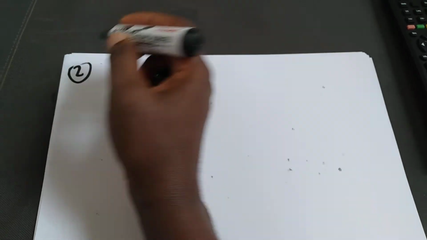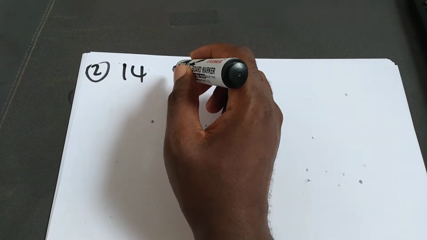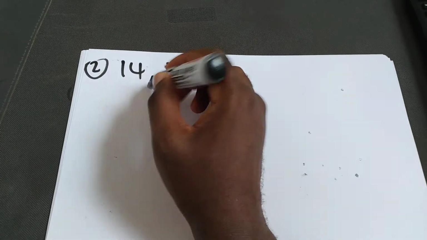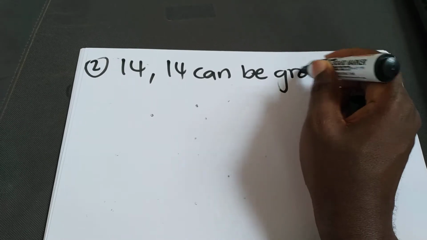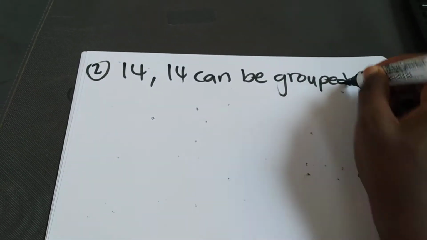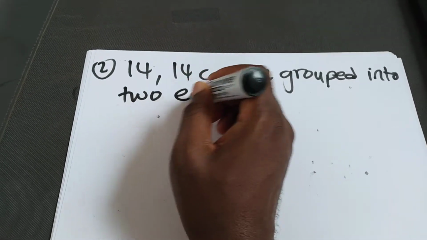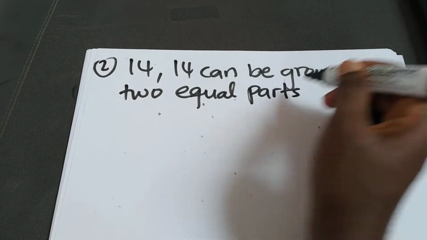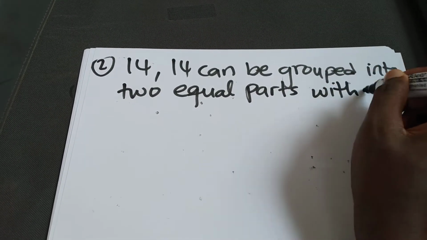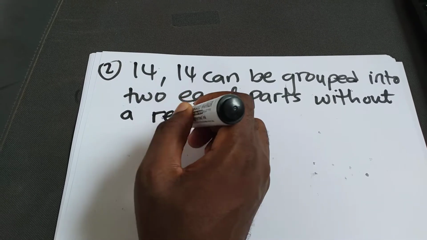Let's look at the next fact that proves that 14 is an even number. So fact number 2: 14 is an even number because 14 can be grouped into 2 equal parts without a remainder.